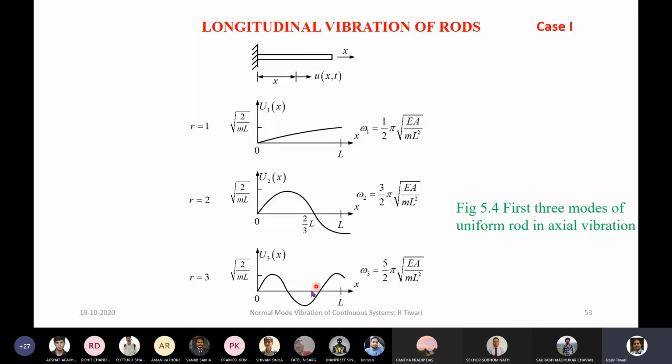And here you'll see that the third mode, this part of the beam will be having, let us say, positive x direction, then this will be negative x direction, this will be positive, and they will swap also. When this becomes negative, this will become positive, this will be negative.